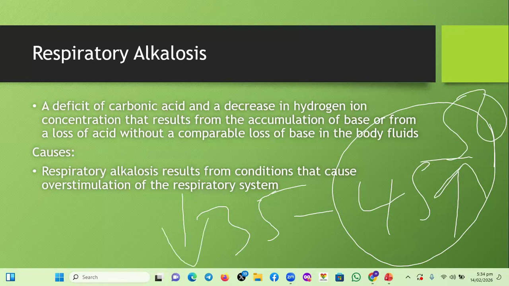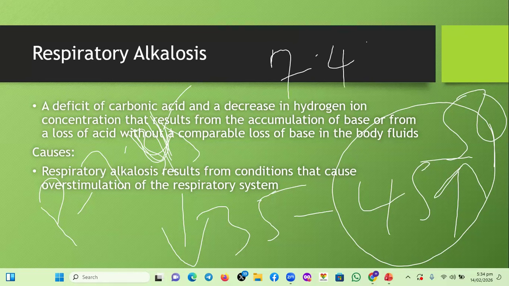And so we know that if the pH is more than 7.45, that is when we say the system is alkalotic. So in terms of the labs, in respiratory alkalosis, we want to see pH more than 7.45.